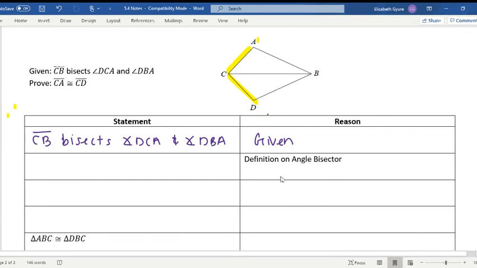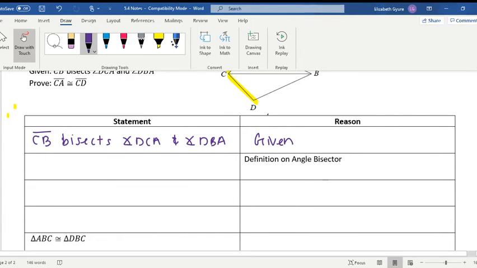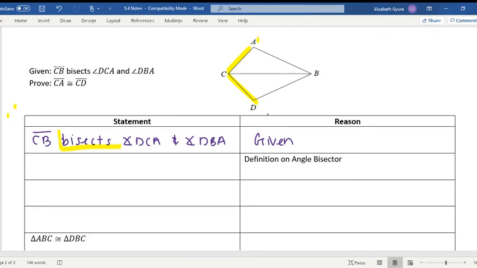Now I gave you a hint, and that's to use the definition of an angle bisector. Again, you are given an angle bisector here, bisects, and then two angles. So can someone tell me what an angle bisector does? Good. An angle bisector is going to take an angle and cut it into two congruent angles.